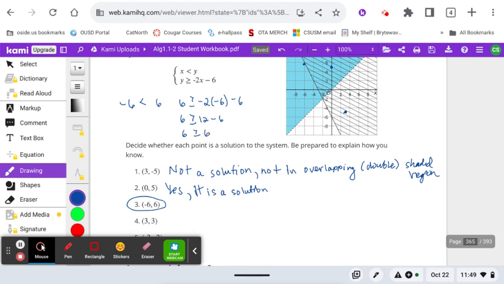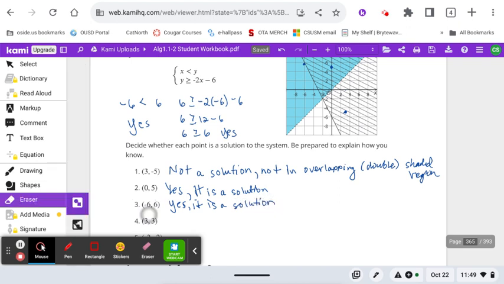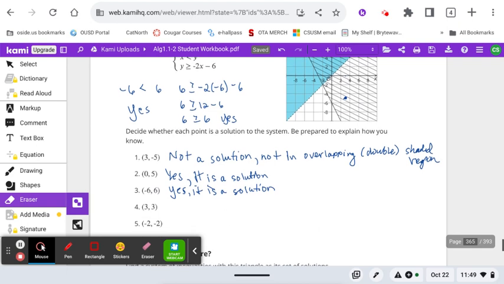To be included on the line, we are going to get the 6 and the 6 on both sides. So 6 is greater than or equal to 6. Since this is a true statement, we get a yes here. It works for both. This one being on the solid line, yes, it is a solution. So if you're ever unsure, feel free to go back to the algebra, plug it into both inequalities, and make sure it gives you a true statement for both.